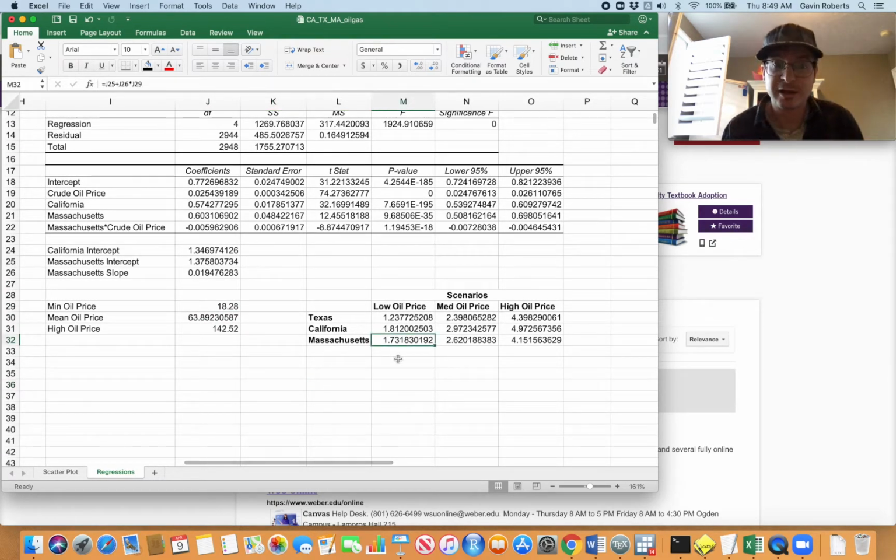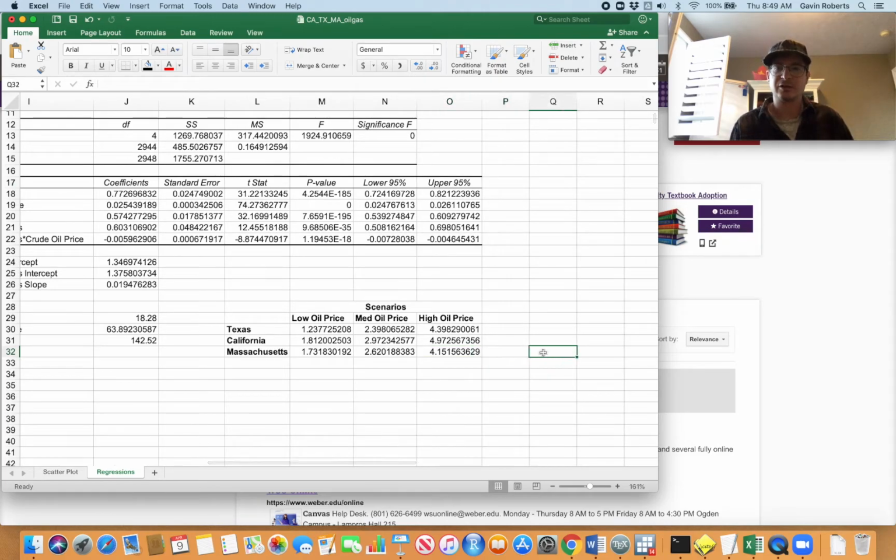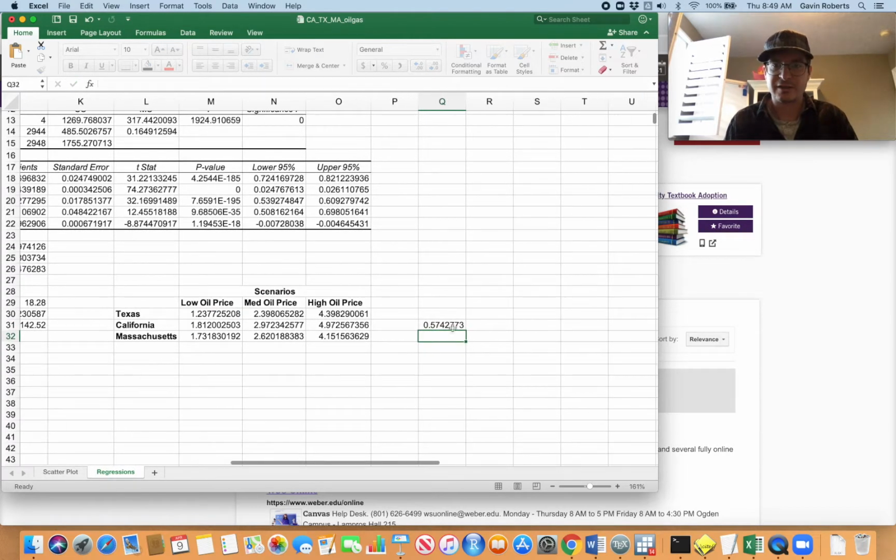So in the low price scenario, Massachusetts is still expected to have a higher price than Texas. But by the time the oil price gets really high, because of that flatter line, we actually have a lower gas price in Massachusetts for those high prices. So let's take a look. Remember that when we compared California to Texas, we just got that intercept back.